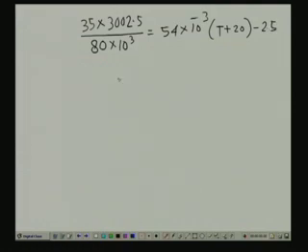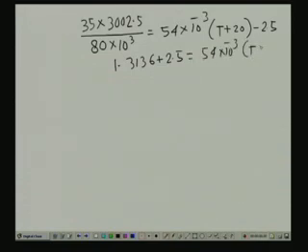If we evaluate this, it comes to 1.3136 plus 2.5 is equal to 54 into 10 to the power minus 3 times T plus 20, and then T plus 20 from this expression is equal to 70.62.